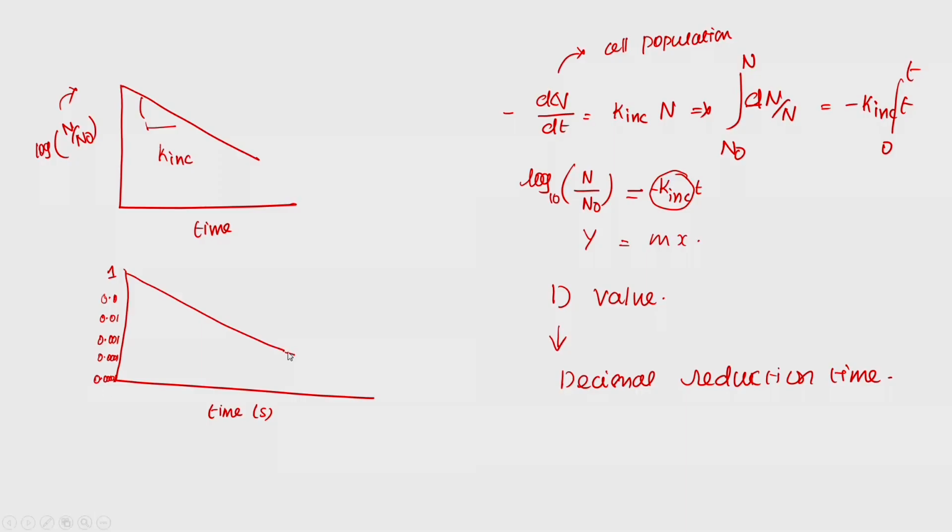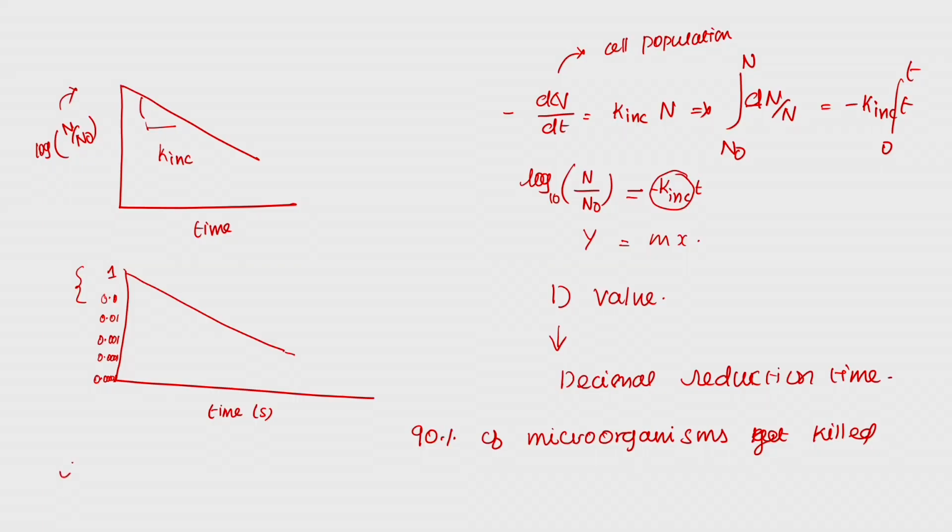So, it says about 1 log reduction, 1 log reduction in the sense that 90% of the microorganisms get killed. Right, with 1 log reduction, I will be having only 10% of the microorganisms remaining, right.